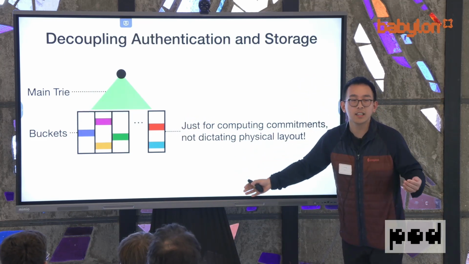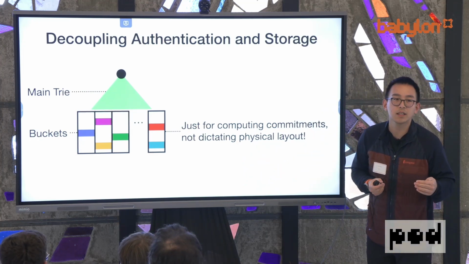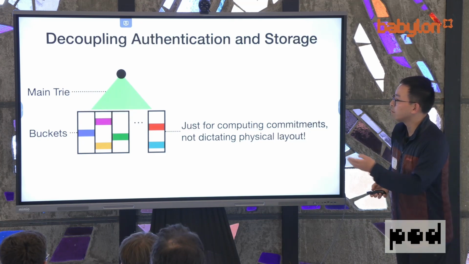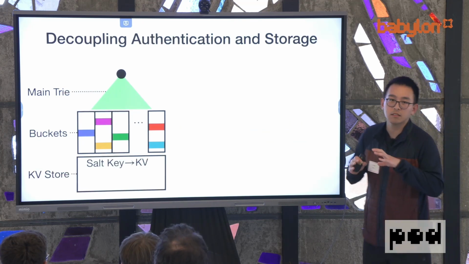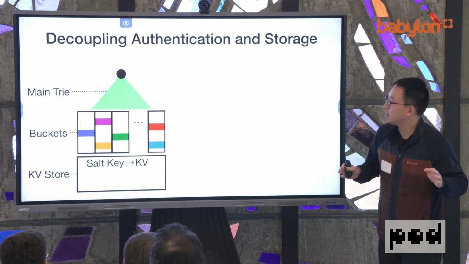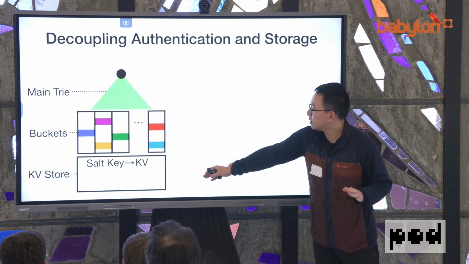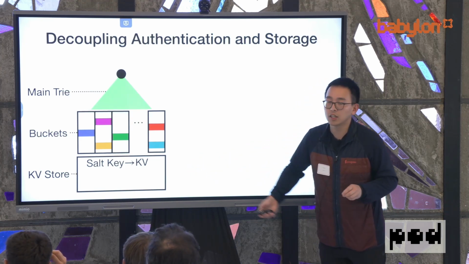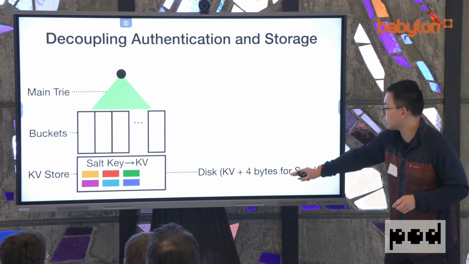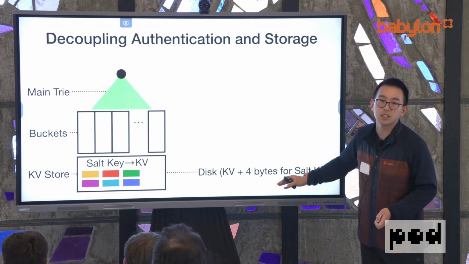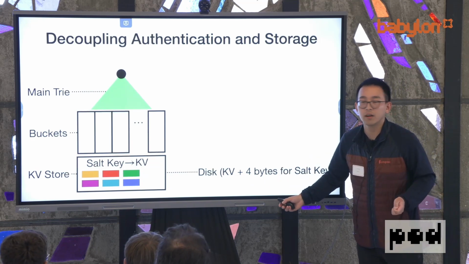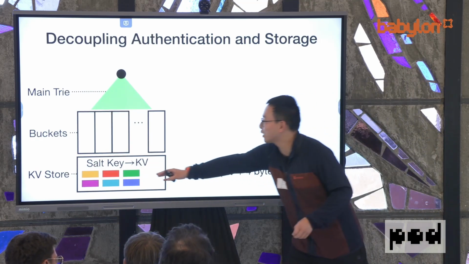It's just for dictating how you should compute the vector commitments over a bunch of key value pairs. This is not about dictating the physical layout of the key value pairs. So what you can do is you can just throw in whatever, say RocksDB, LevelDB, any key value storage, and store the mapping from sort key to actual key value pairs. And that's it. Of course, this key value storage exists on the disk. The overhead is really small. In addition to the key value pairs, it's only 4 bytes of extra data for the sort key, for the key to the key value storage.